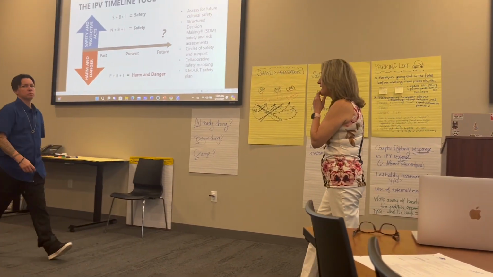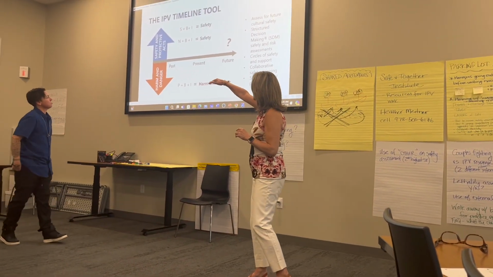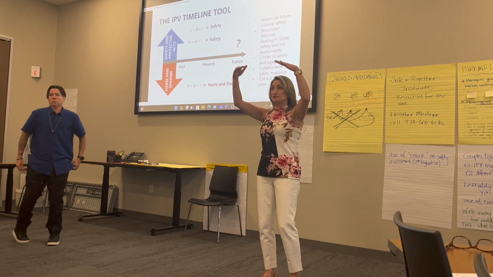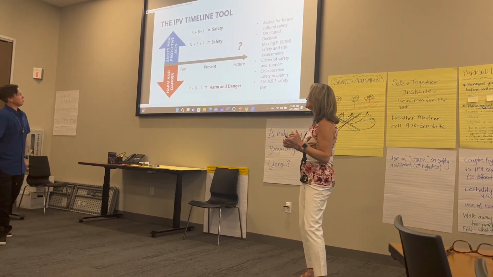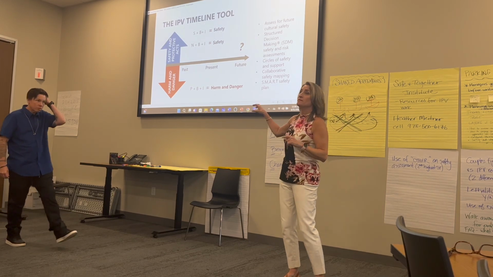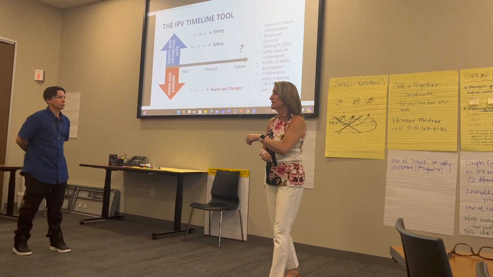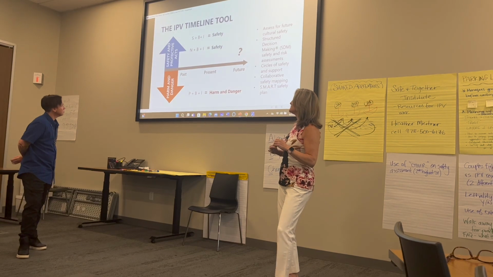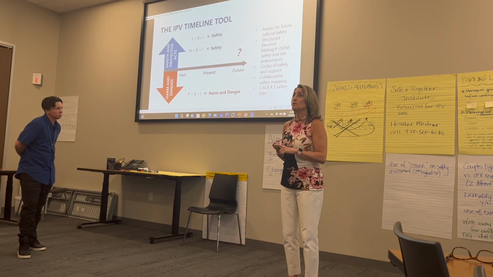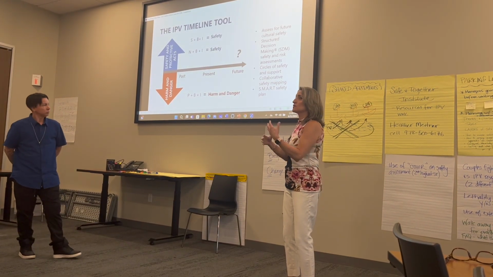Yeah, and I'll just add, right, that we talk about this line, and above the line is protection, below the line was harm and danger. And we're really focused on harm and danger that was by the perpetrator's behavior, and then the acts of protection taken by the survivor and the network. It shows almost like call and response, right?